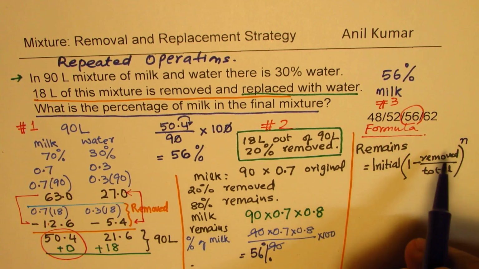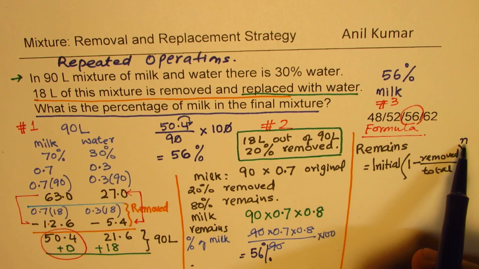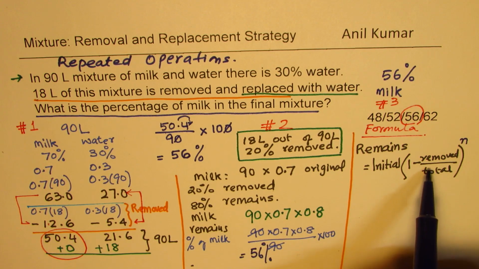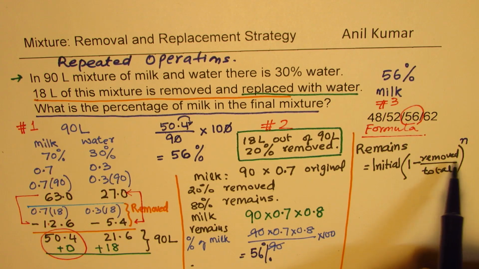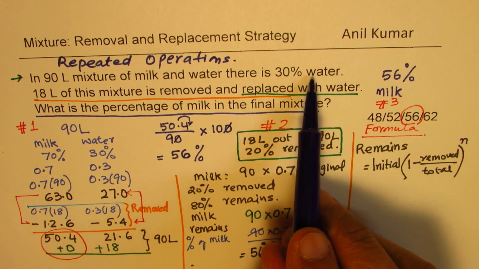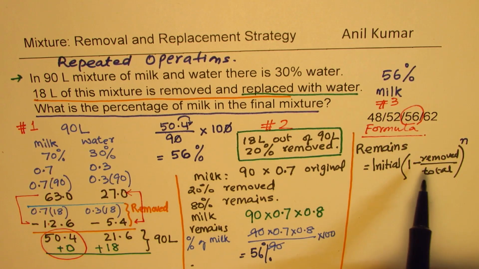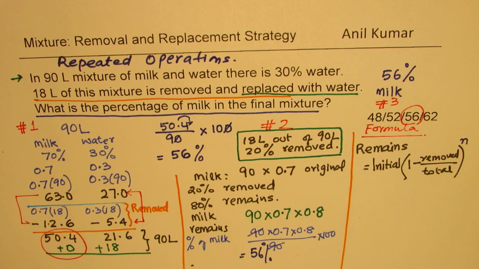So in this case, we write n here, where n is the number of times this process of removing and adding the same amount of another thing is done. So this is a huge formula which can be applied in many questions. And you can easily find the answer, correct?